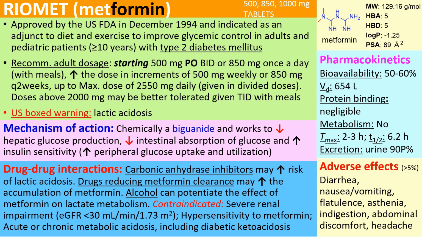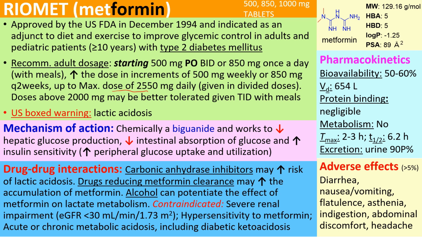Recommended dosing for this medication, adult dosing: starting 500 milligram orally twice daily or 850 milligram once a day with meals. Increase the dose in increments of 500 milligram weekly or 850 milligram every 2 weeks up to the maximum dose.